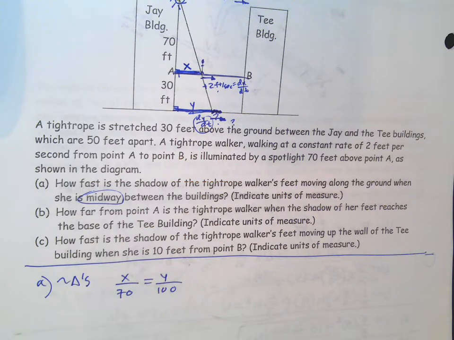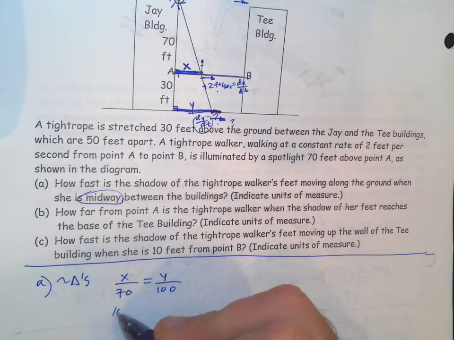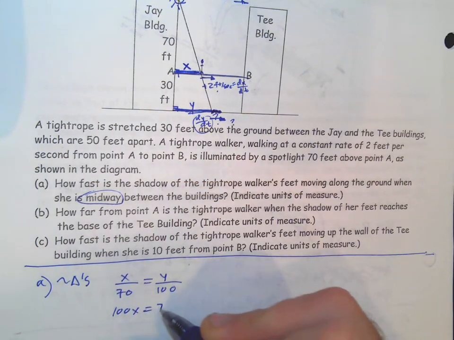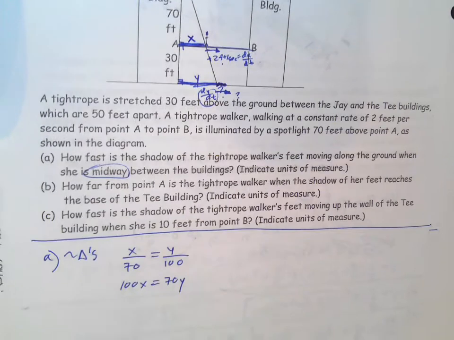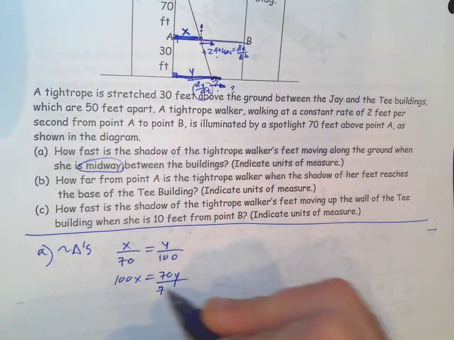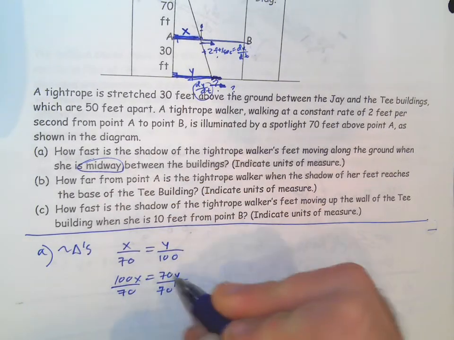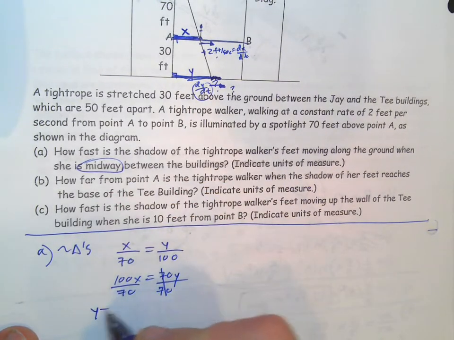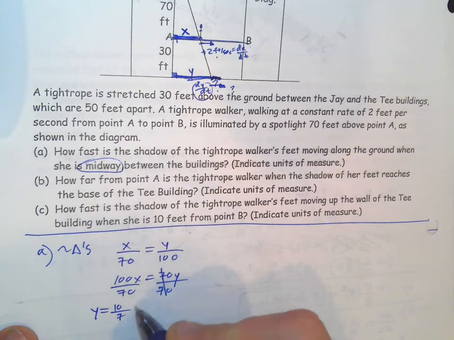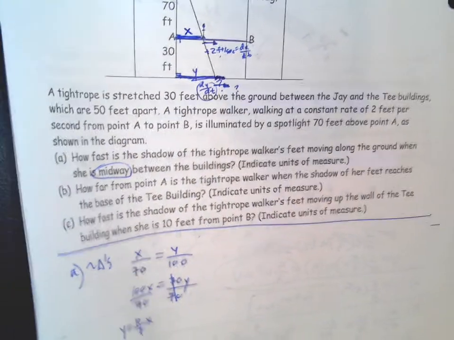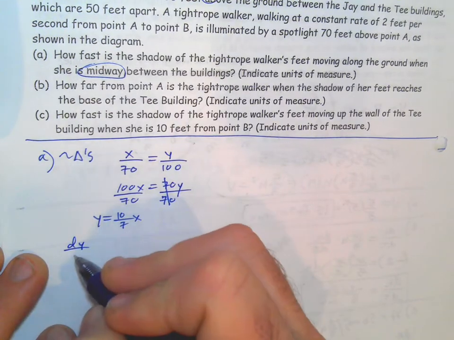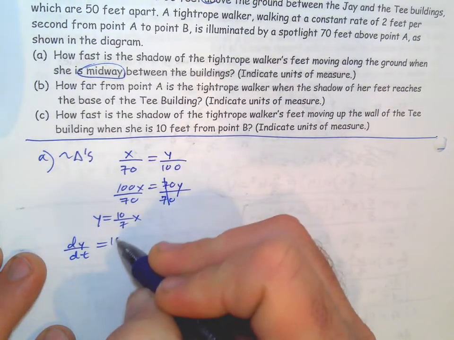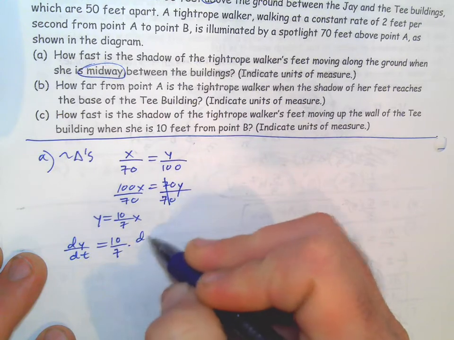So now I'm just going to make this a little nicer and cross multiply because they're just numbers. And we're trying to find dy/dt, so we could even solve for y. So y equals 10/7 x. Then we take the derivative of that implicitly with respect to time. dy/dt equals 10/7 dx/dt.